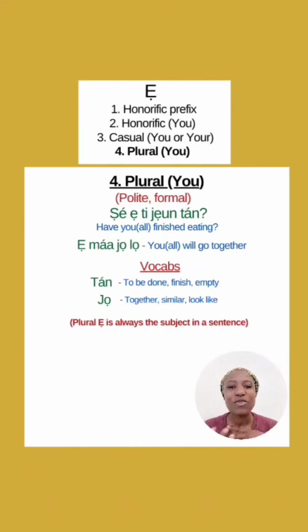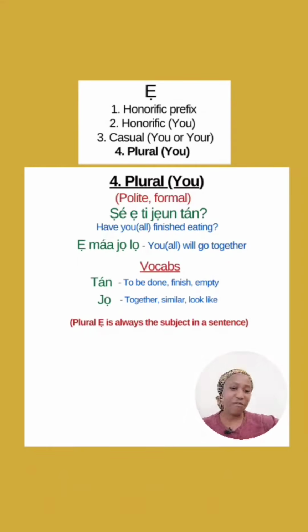Okay, so when you're talking to one person who is older than you, you need to use ẹ. There is no difference. The same way you will talk to a group of people is the same way you will talk to this one person. Ṣé ẹ ti jẹun tán is the same way you talk to that one person that is older than you and a group of people. I hope I answered your question.